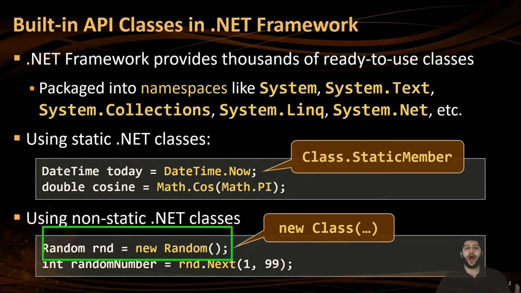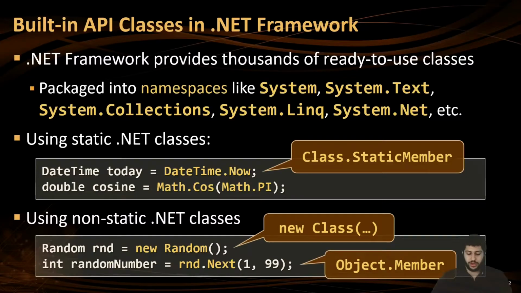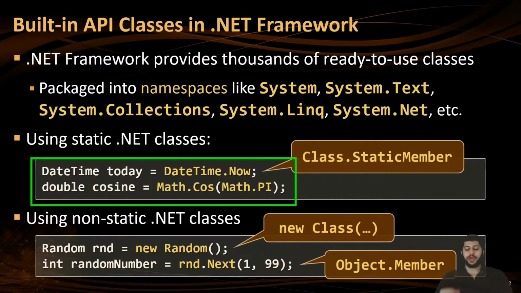Okay, now as I said, in non-static .NET classes, we have to instantiate or create an object of the class and then use this object member or this object method that was defined with the object. In the first example, we have a static member of the class which can be used directly with the class itself.